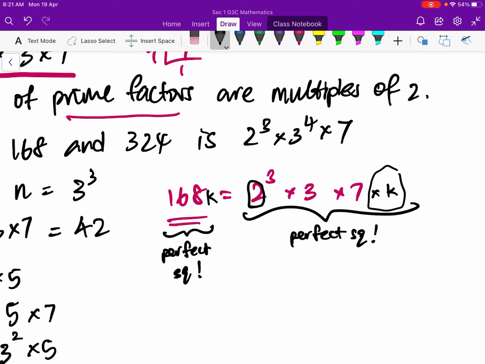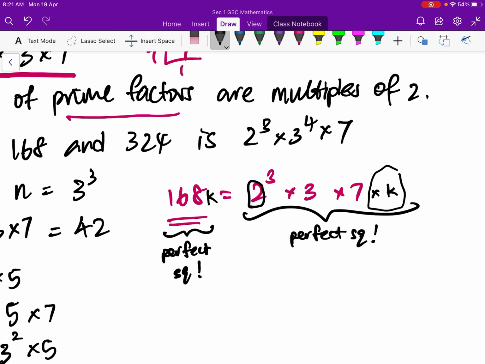That will ensure that the new power of 2 becomes a multiple of 2. Okay? Because if k has just one 2, the power will now be 4. If there are 3 2's, then the power will become 6, which is still even, and so on.